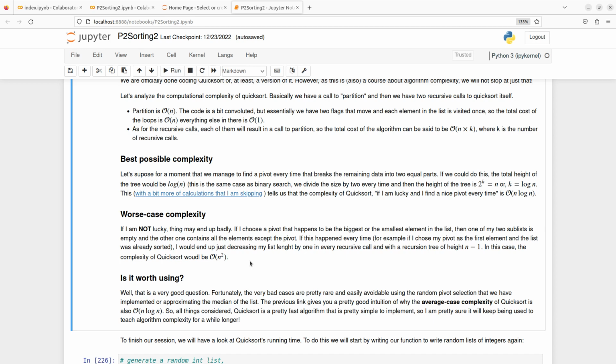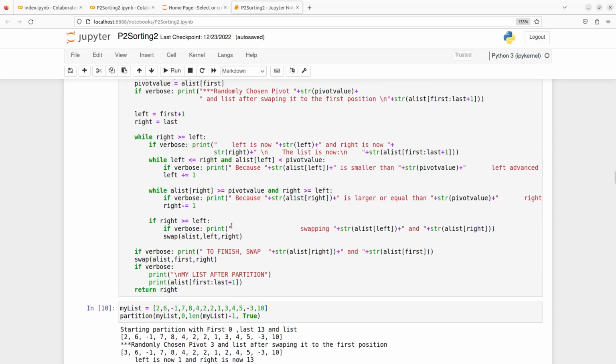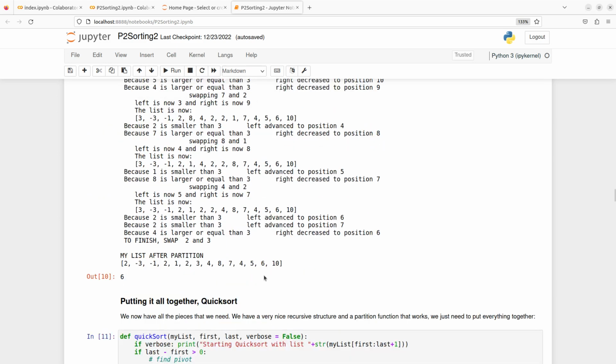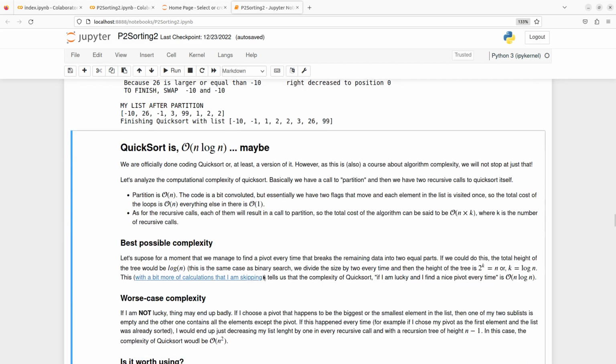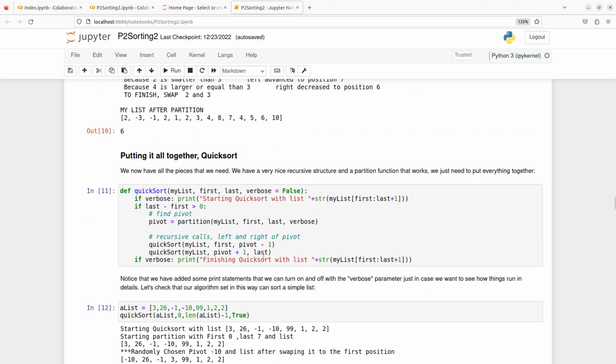And in practice, with normal data, it doesn't usually happen. So this is a pretty simple algorithm to code, with this and the partition up there, that works well most of the time. It might have some bad cases, but usually it works pretty fast. So usually, yes, it is worth using.